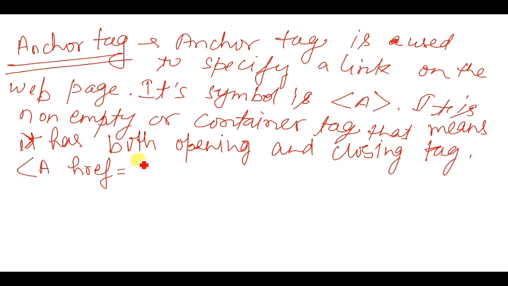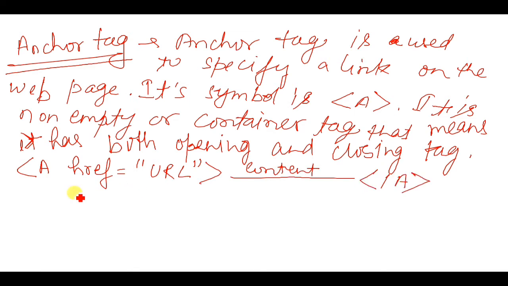This is an example of an opening tag. href is its attribute to specify the URL or the path name of the link, a web page or document, and then the closing anchor tag, and between them you can write the link name.